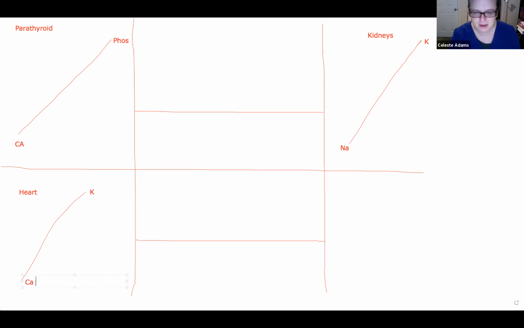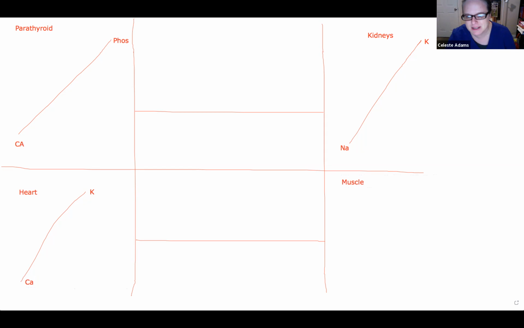Our fourth organ, or tissue, is going to be the muscle. There are two particular electrolytes that are balanced in the muscle, and that is going to be magnesium and calcium.